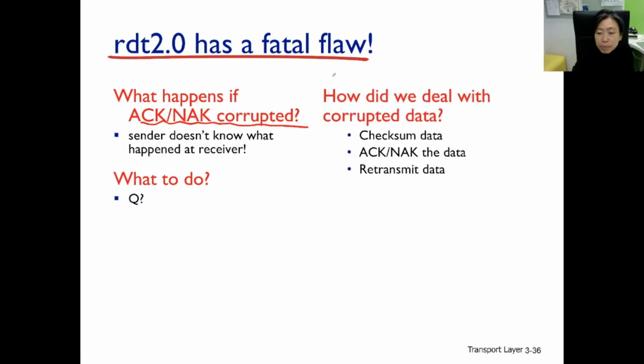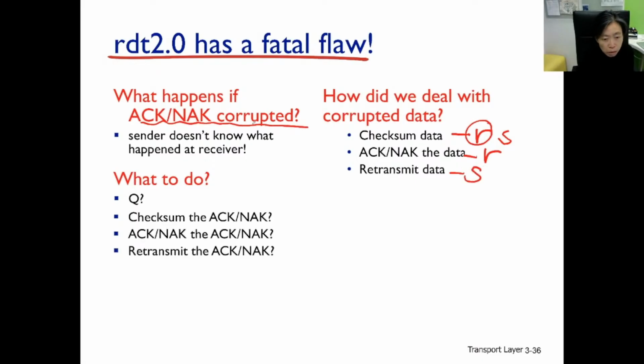So how did we deal with the corrupted data? We do the checksum, right? Actually, we do the checksum at the sender, adding that into the packet, and the receiver checks it again. If it's not a match, we send NACK. If it's a match, we send ACK. So this is the receiver side action. And therefore, at the sender side, we could retransmit data.